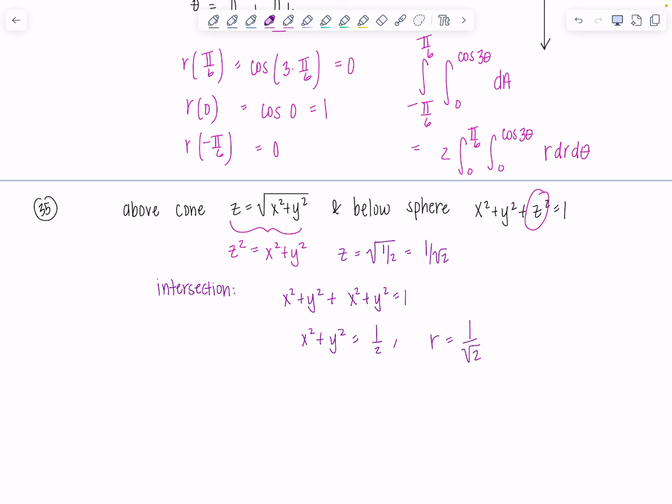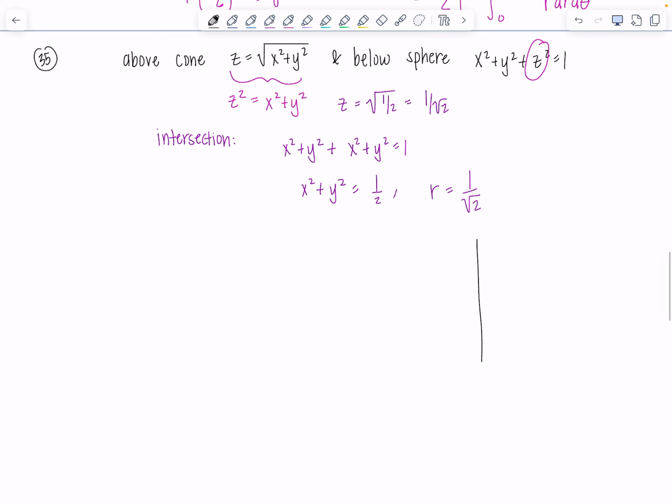So we're only going to be interested in the upper half of the sphere as well. Let's graph everything out right now. So 3D graph required, 2D graph also required. Here's Z, here's X. So the sphere has radius 1. Is that clear? The sphere, radius 1. So here's the sphere.